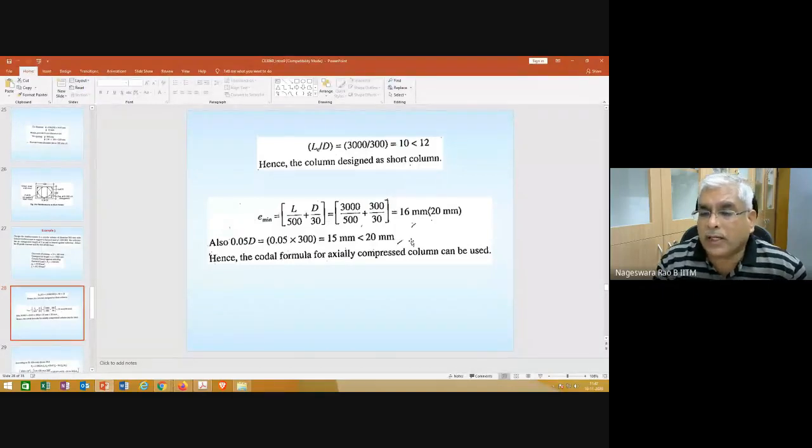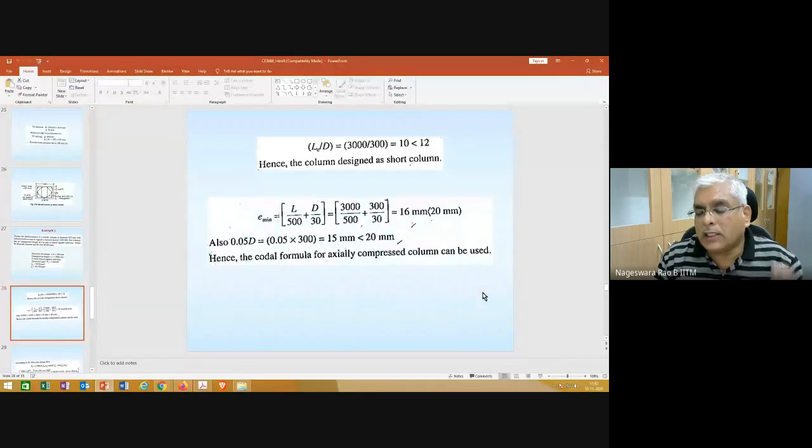Maybe you can rework it, or you can change the dimensions of the column. A small mistake is there. Is it clear? So this check is failed here, but still the same equation is used. Maybe you need to rework it, increasing the diameter of the column to 450 mm or something like that.